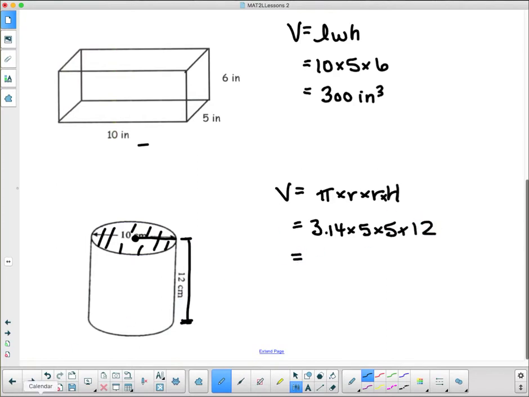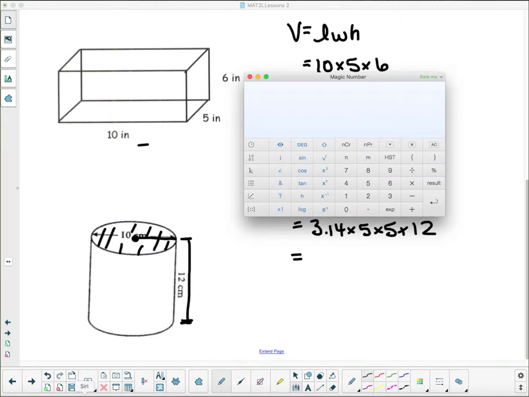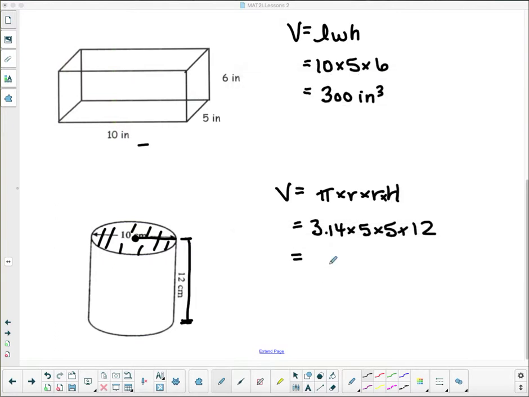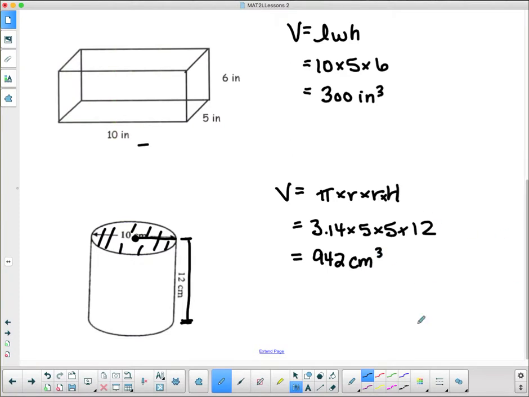Now let's just punch that into my calculator. 3.14 times 5 times 5 times 12. And the result is 942. Now again, we need the units, and our units here are centimeters, and it's in 3 dimensions, so it's centimeters cubed.